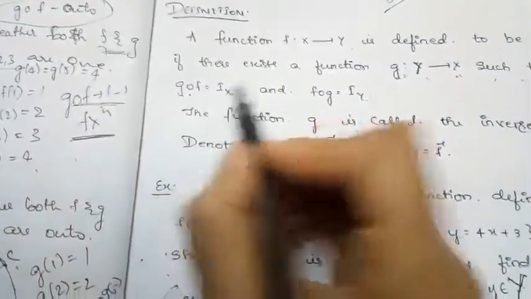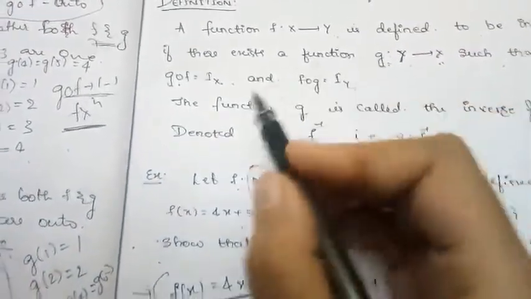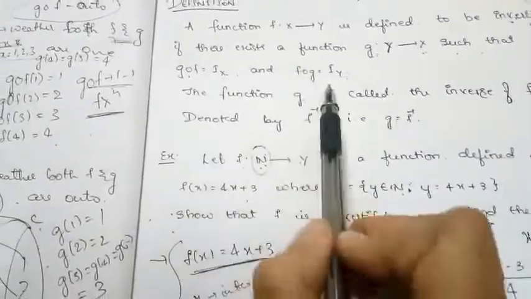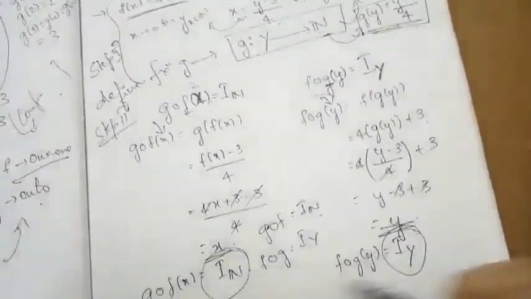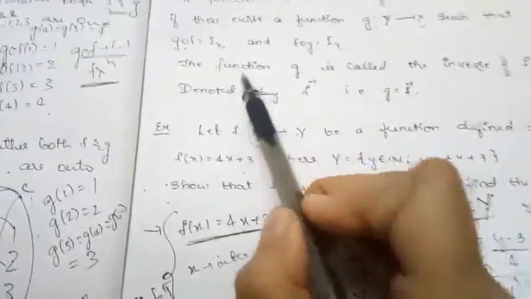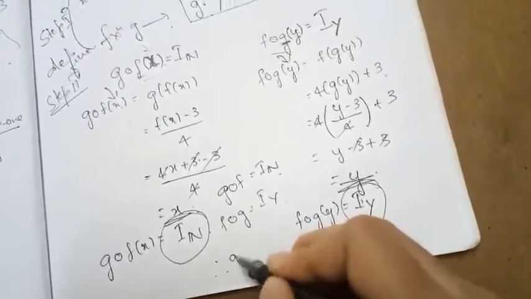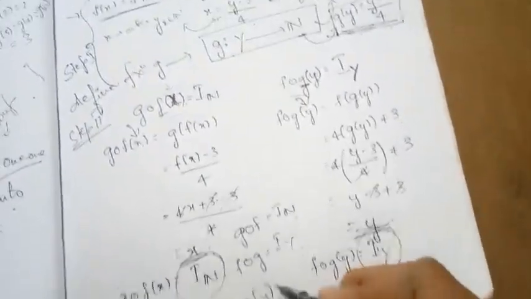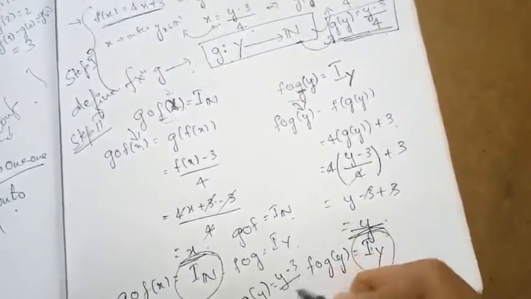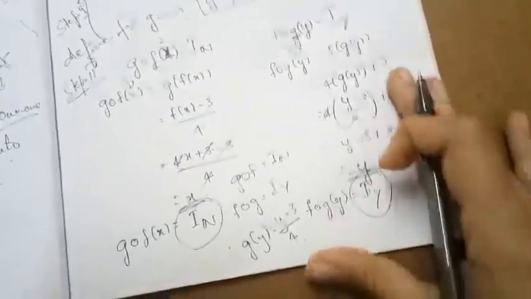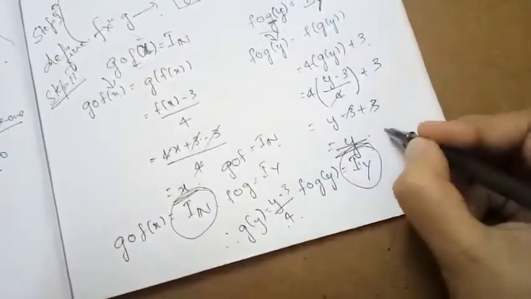That is what they are saying in the definition: g∘f is equal to I_X and f∘g is equal to I_Y, where X is the set of natural numbers. After proving these two, the function g is called the inverse of the function. Therefore g of y is equal to (y minus 3) divided by 4. This is the inverse of the function, and it is denoted as what?